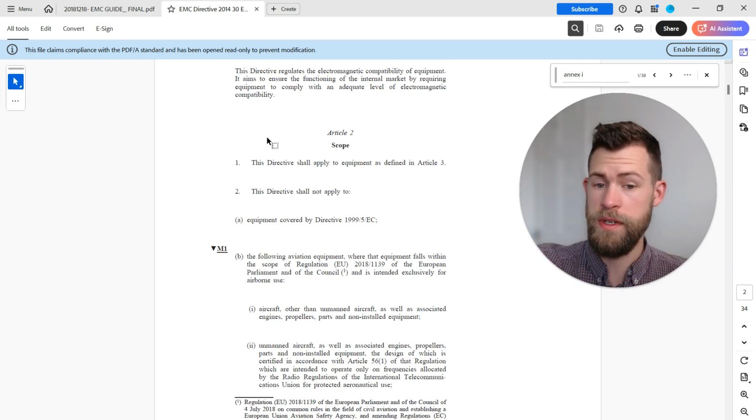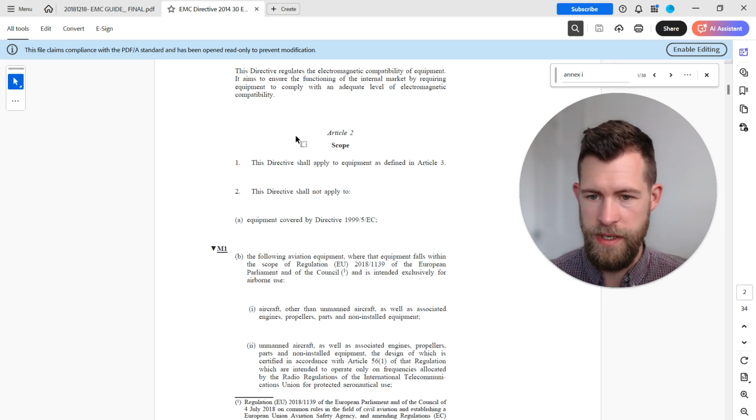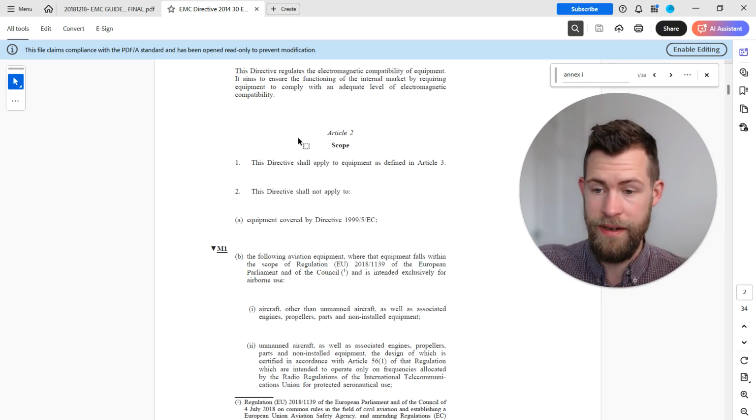So the other thing that I just wanted to touch on is the scope. There are some things that are excluded from the scope of the EMC directive, and that is actually things that are benign as well.